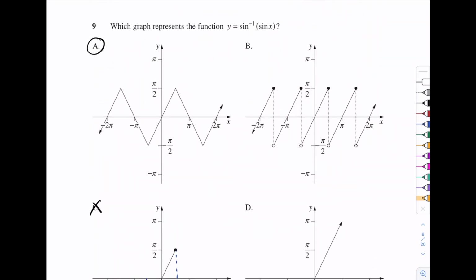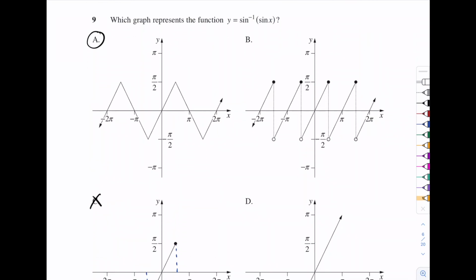Well, I know it's not D, and the way that I can tell this is because the sine on the inside has a periodic nature. If you're thinking about this as a function machine, you've composed the functions to get the overall function machine. This first one here is sine x, and then this is the inverse sine.